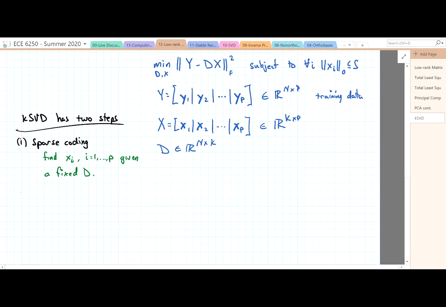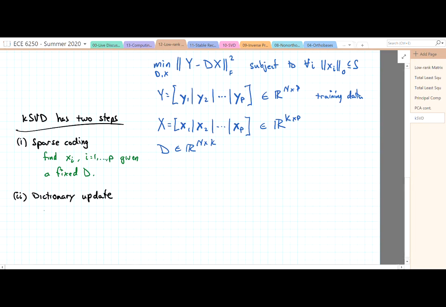The second step is the dictionary update. So once we have found our given coefficients, can we tweak the dictionary in some given way, so that the error continues to decrease?